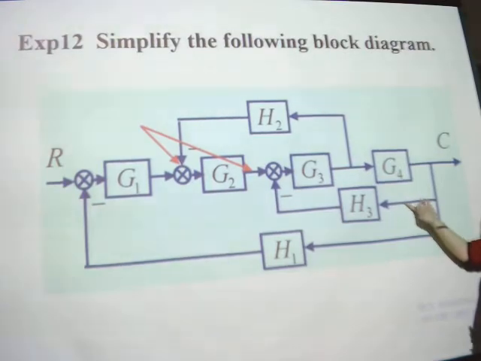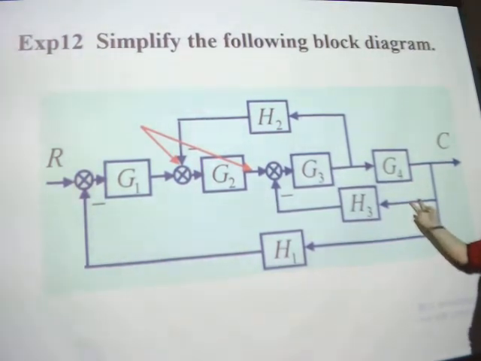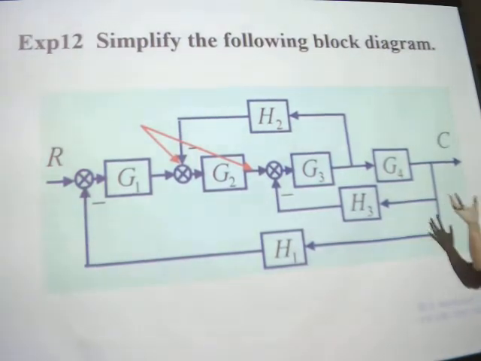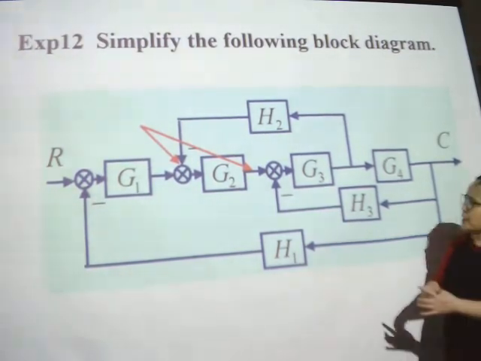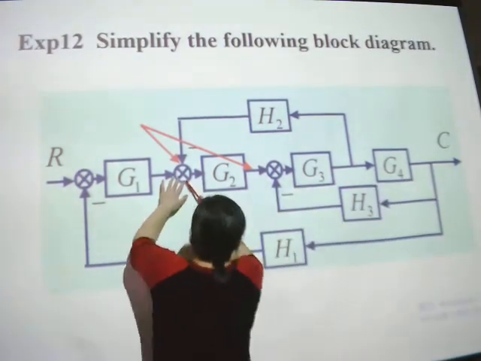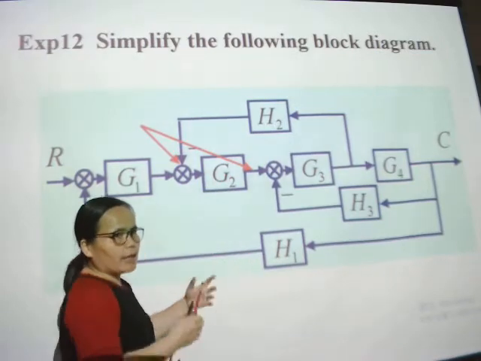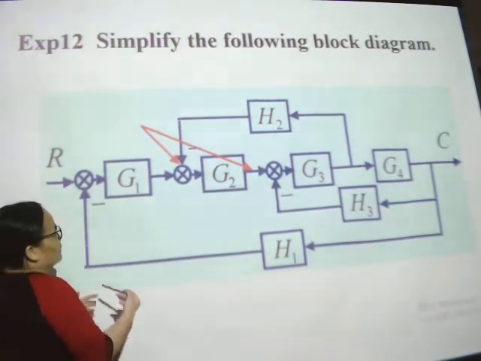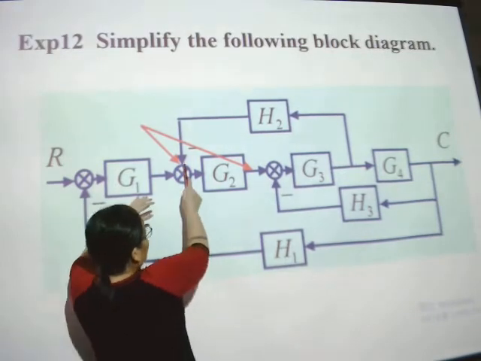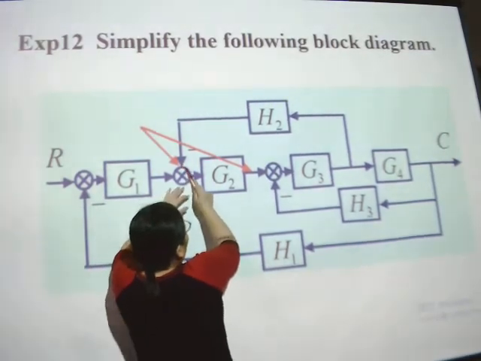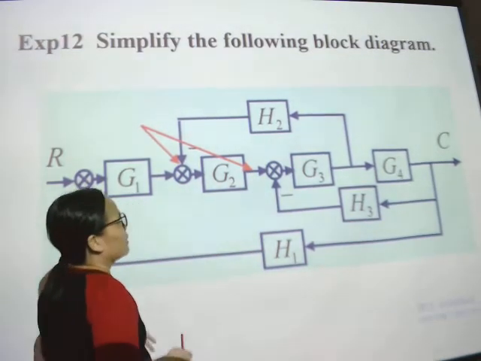We should add G4 in this arrow, this block. And these two, this semi-junction and this block, we should change the position. Then this semi-junction moves to this place.